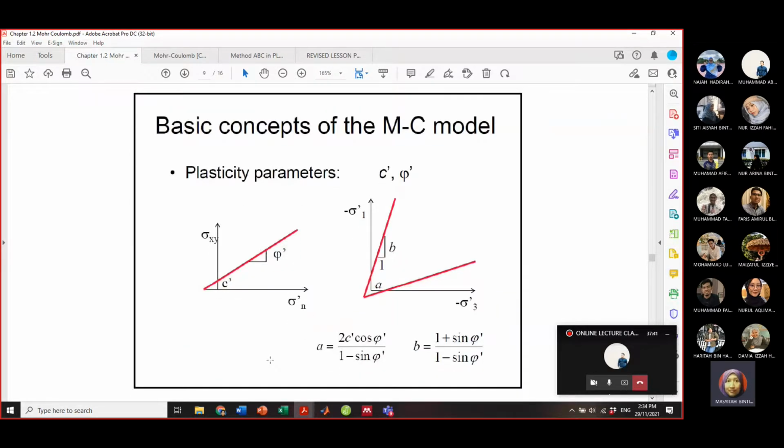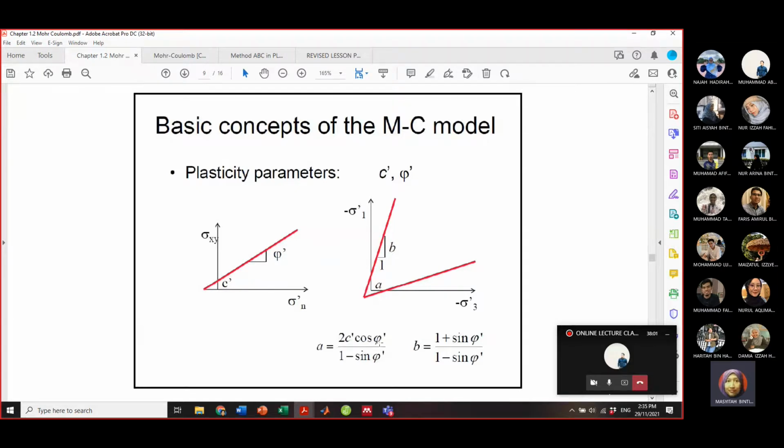Okay, what about the plasticity parameters? So the plasticity parameters are actually what we have from here, A and also B. In between A and B, there are two common parameters that we always see for shear strength parameters, which are C and also phi.